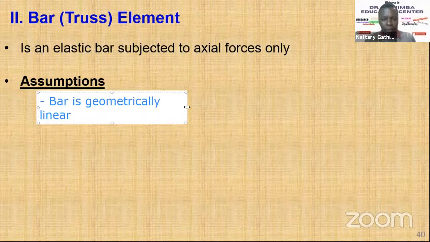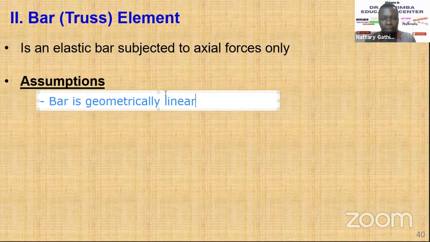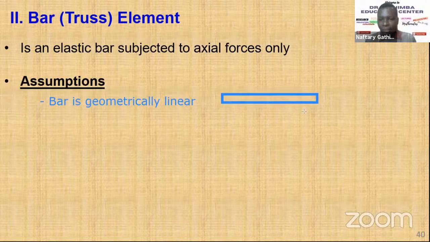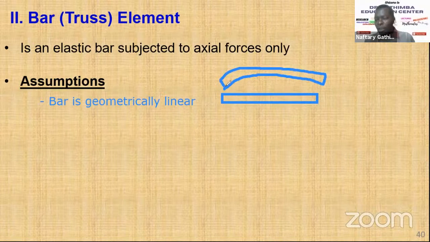This will simplify our working because what we are saying is that our member, our section here, is straight like this. So we are eliminating the cases whereby we have curved bars, because it's possible to have curved beams and curved sections in structures. In this case, we are limiting ourselves to only cases whereby the bar element is linear.